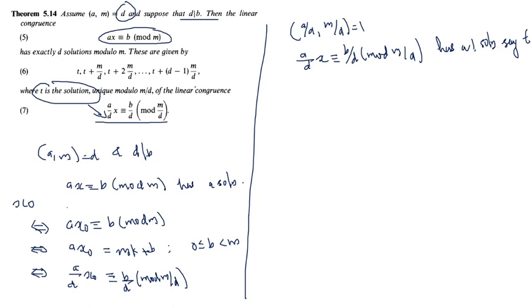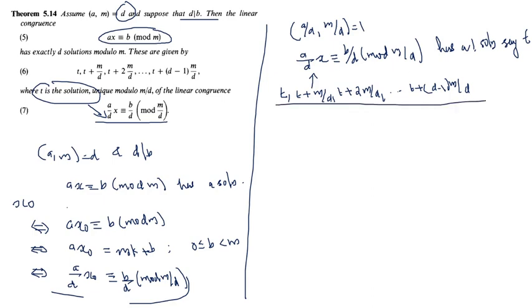Then by this condition, we can say that the integers T plus M by D, T plus 2 times M by D, etc., T plus D minus 1 times M by D also satisfy the congruence A by D x congruent to B by D mod M by D. T is a solution satisfying this congruence.